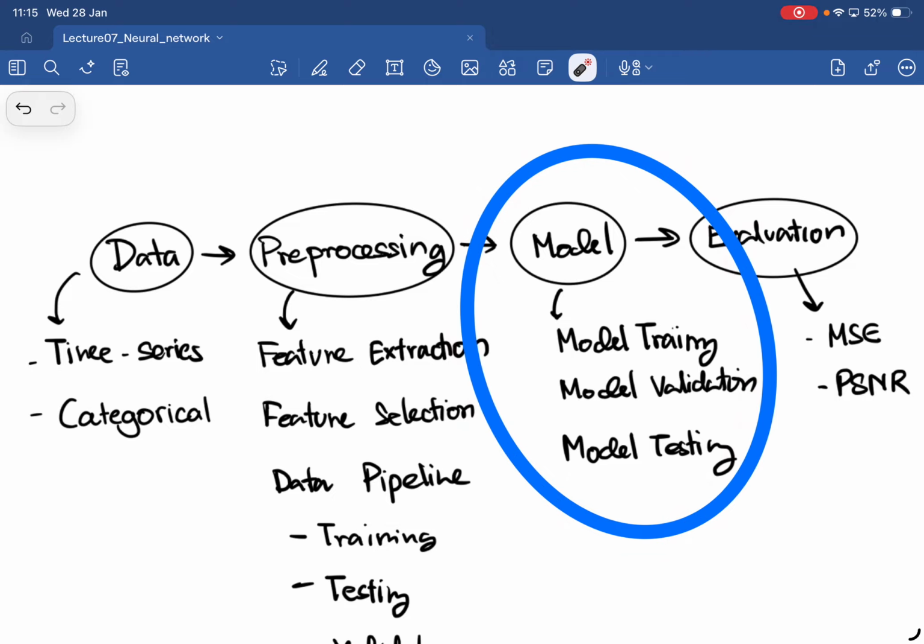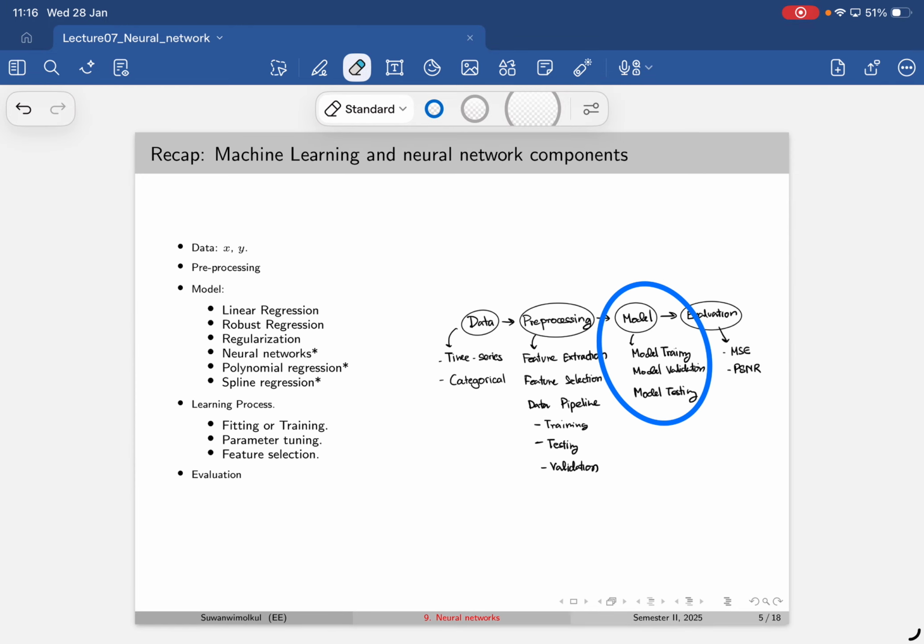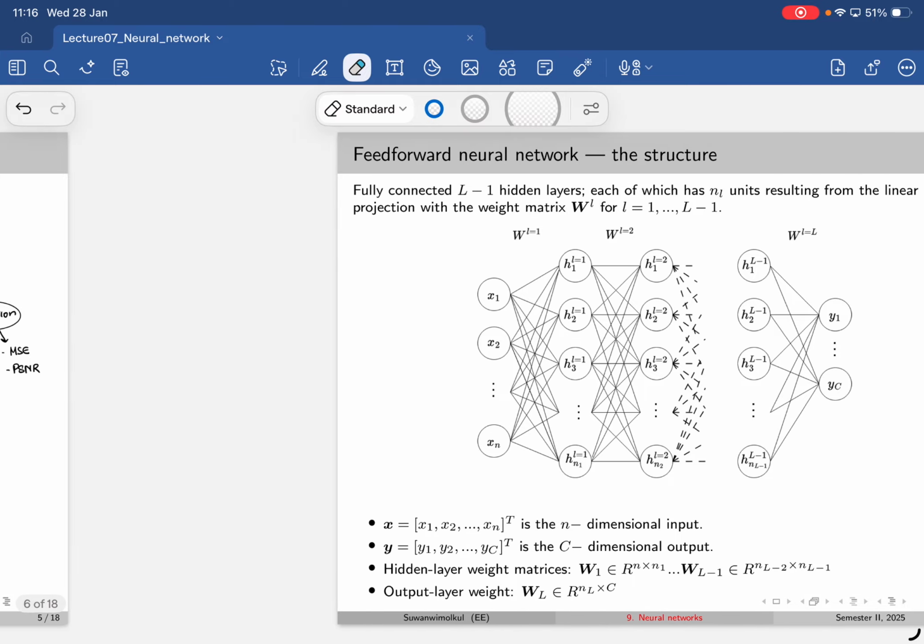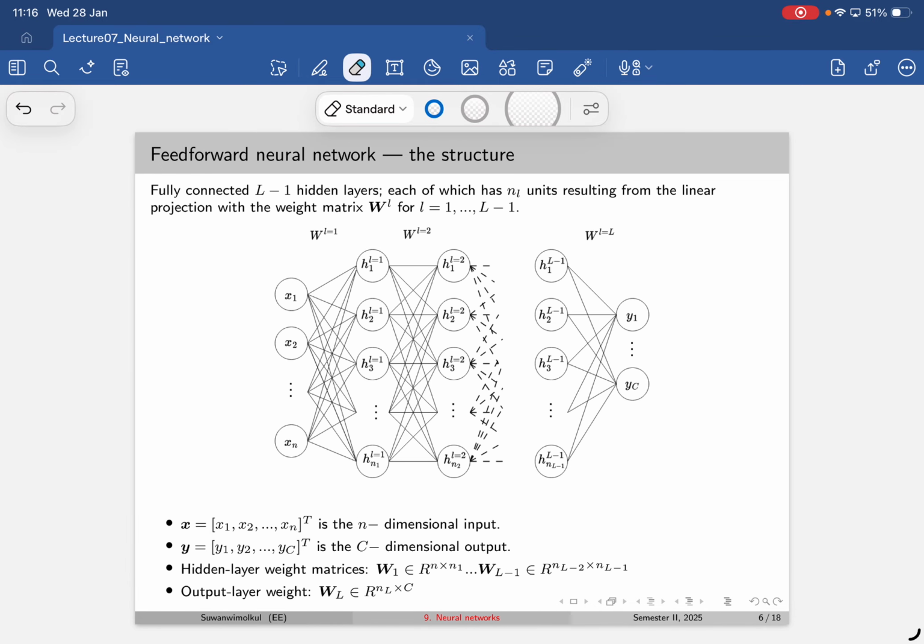So last time we talked about linear regression and logistic regression. In fact, both linear regression and logistic regression can be formulated as a neural network. And we can see the similarity by using the neural network architecture. But the difference between them could be that when we formulate a neural network and try to optimize for the model parameters, usually in neural network there will be a computational package to do the backpropagation.